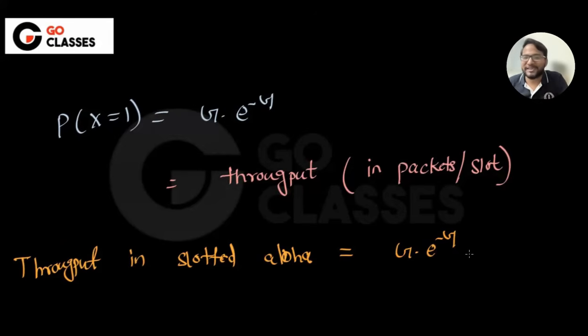Interestingly, if you check any other resource, in most of the resources or most of the GATE coachings, they will just tell the throughput in slotted Aloha is this much.